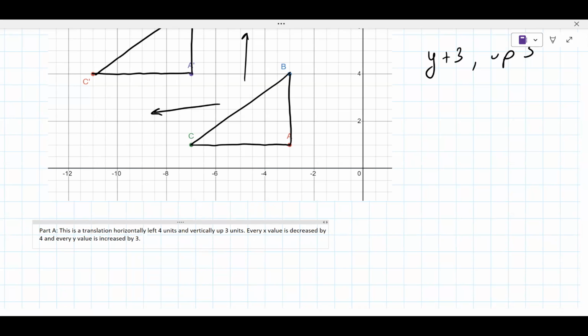units 30 units per units the X axis units on Y axis. Every vowel XY is decreased. Right.